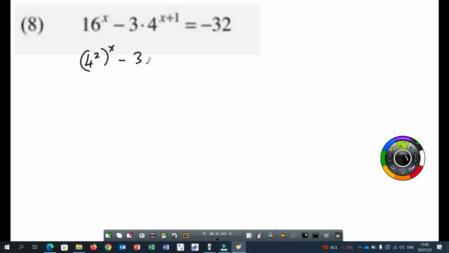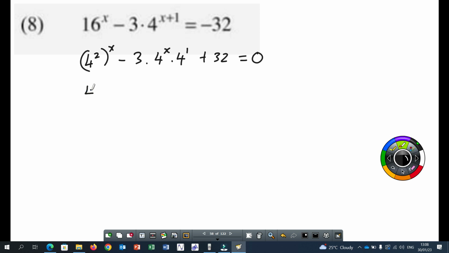Then get 3 times 4 to the power of x times 4 to the power of 1. Then I'll take this minus 32 to the left, it becomes a plus 32, that's equal to 0. The reason why I've done that is because I know that the first exponential term, I can create a perfect square.